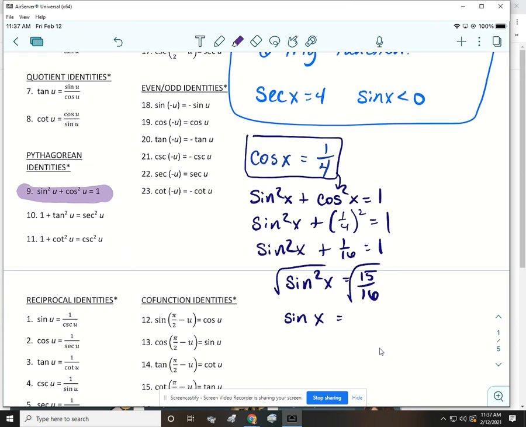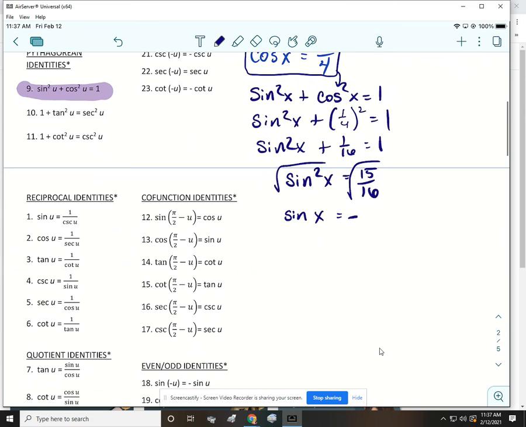And what we'll do is look up here that it tells you that sine is negative. So it's going to be negative. All right. And then we take the square root of the numerator and we take the square root of the denominator. And that is what sine of x is.